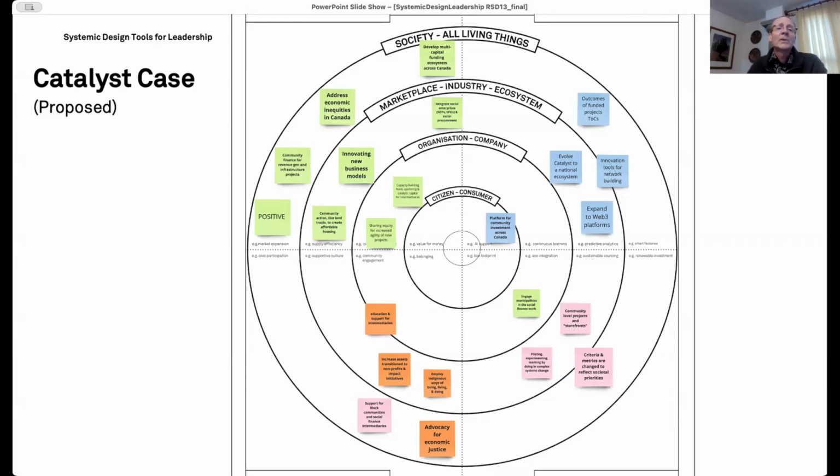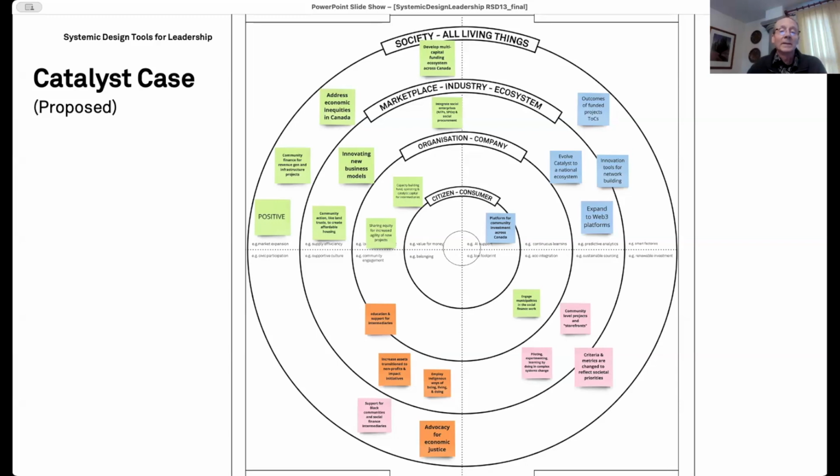So then the impact, going all the way to the upper left, is across society and all living things, if you will, developing across society a multi-capital funding ecosystem addressing economic inequities and community finance.